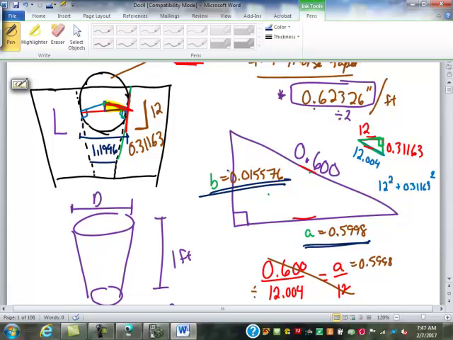Does that make sense? What's that? Not a lick? Okay. Do you see where this triangle comes from? Okay. What we were doing is back here on the ball, right? The ball's sitting in the hole. We drew in a radius on the ball, right here.